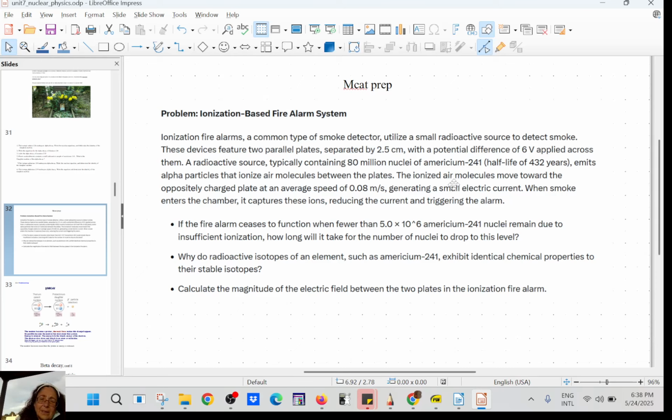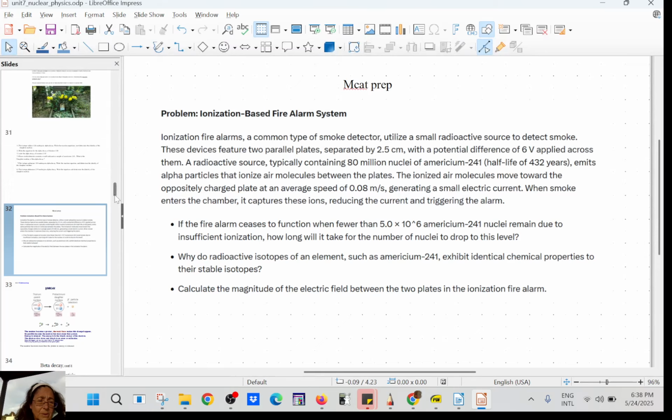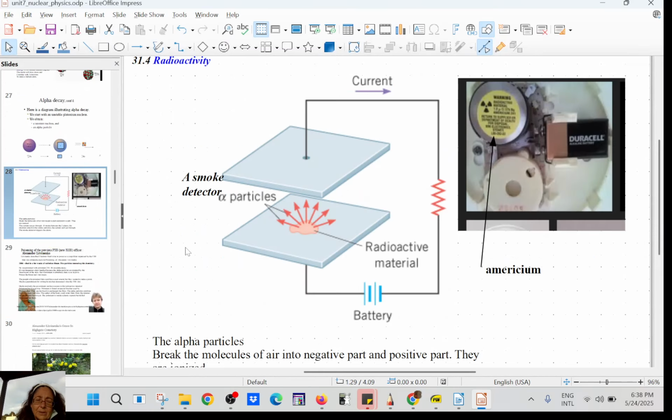Because the nucleus is positively charged, so it's missing two electrons. So it's going to take the electrons from the air molecules, and you have a small current. If you have smoke, then those ions will interact with the smoke, okay? And then the current will decrease and will trigger the alarm. So that's what the problem is talking about. So that's about the smoke detector.